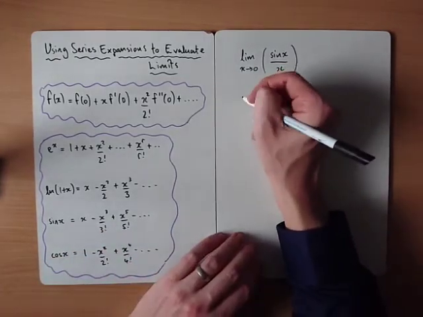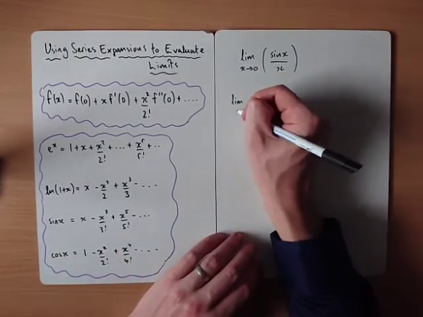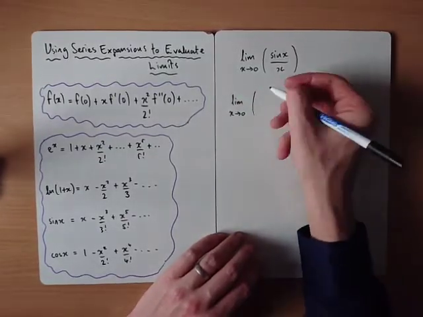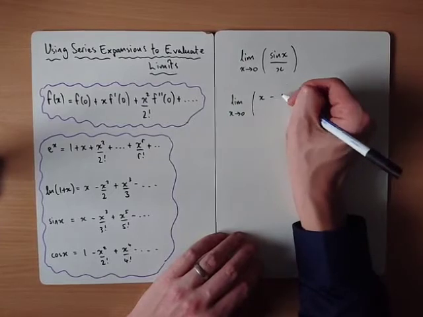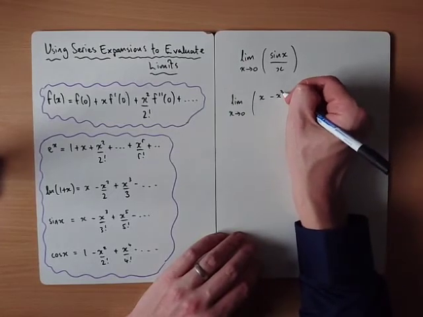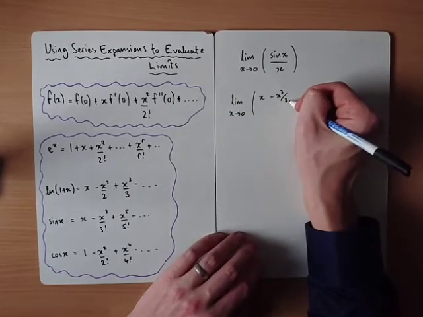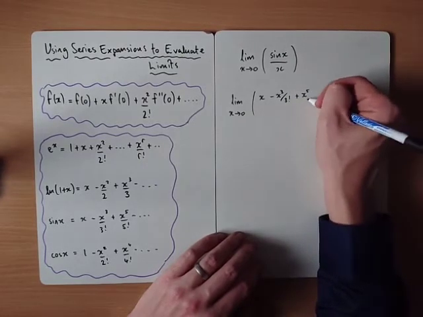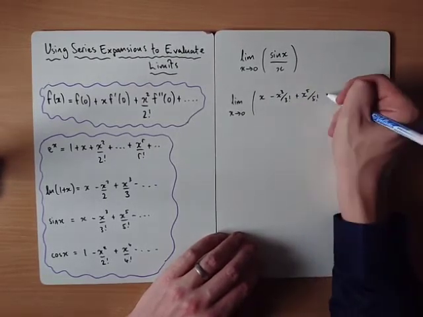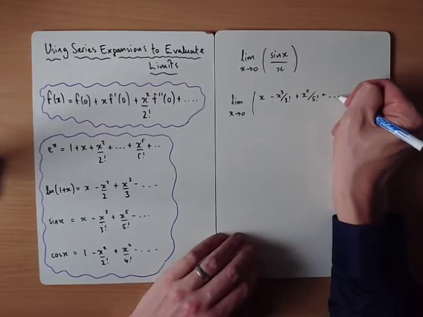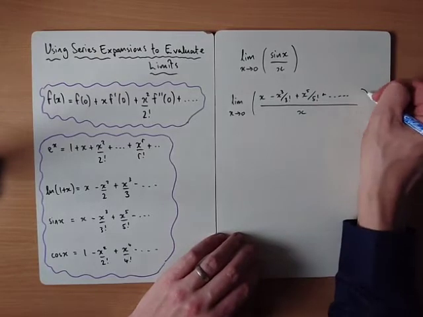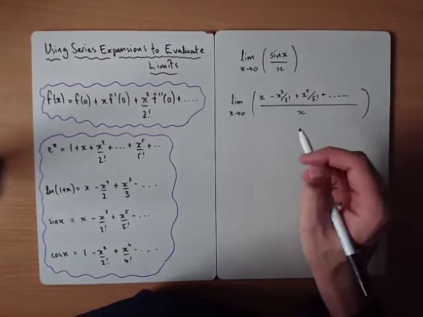So we could say this would be the same as the limit as x tends to 0 of sine x, which is x minus x cubed over 3 factorial plus x to the 5 over 5 factorial, all divided by x.